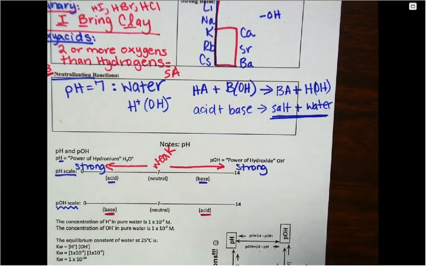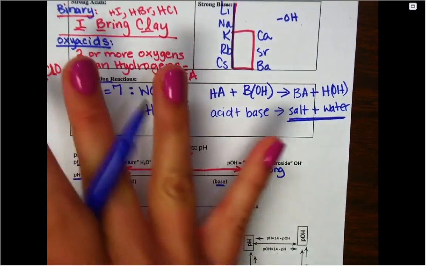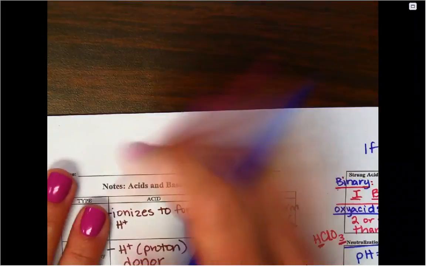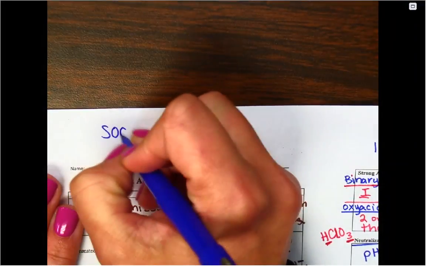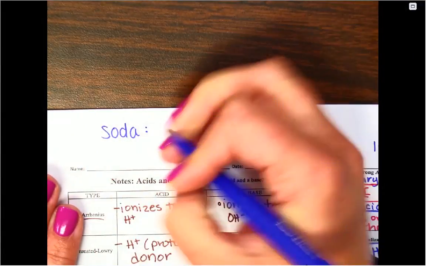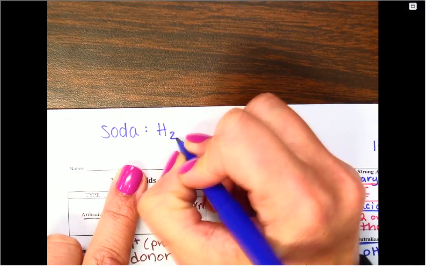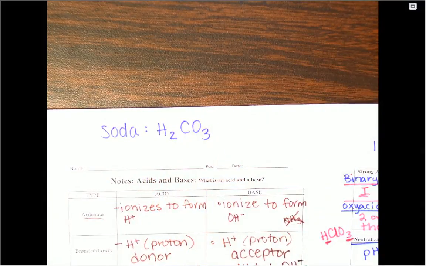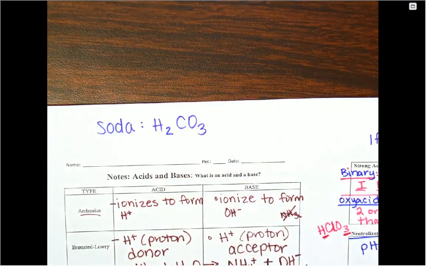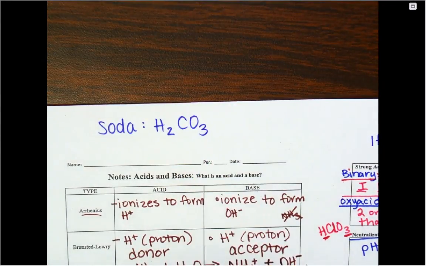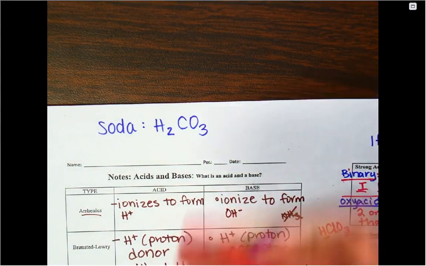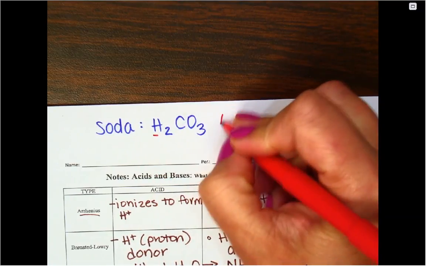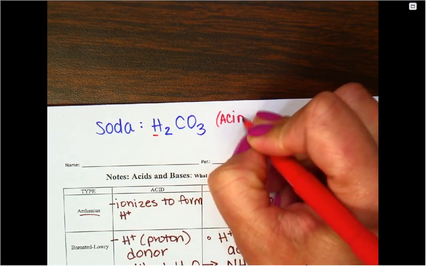The only other thing that will help you as far as the questions go that you're about to see is the fact that soda, which I have said this, but we might have forgotten already, is this. So if I tell you that that's soda water, then is that an acid or a base? That is an acid. There's an H right here, right? So this is an acid.